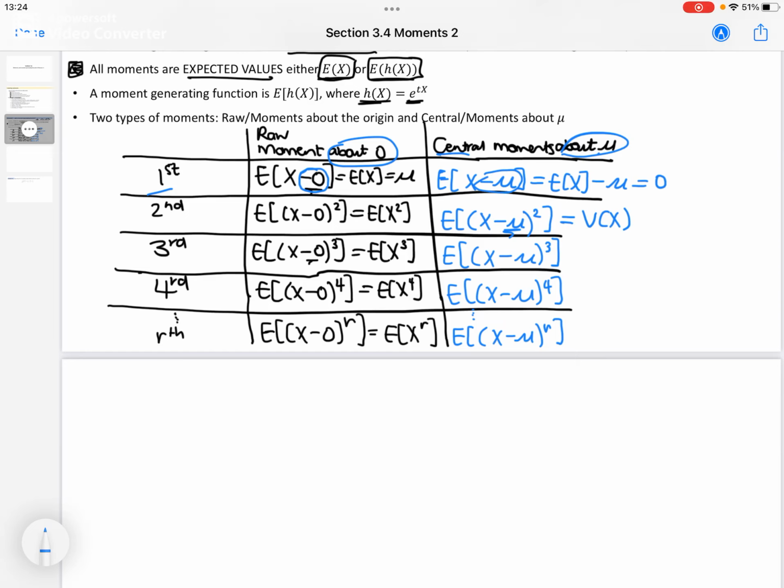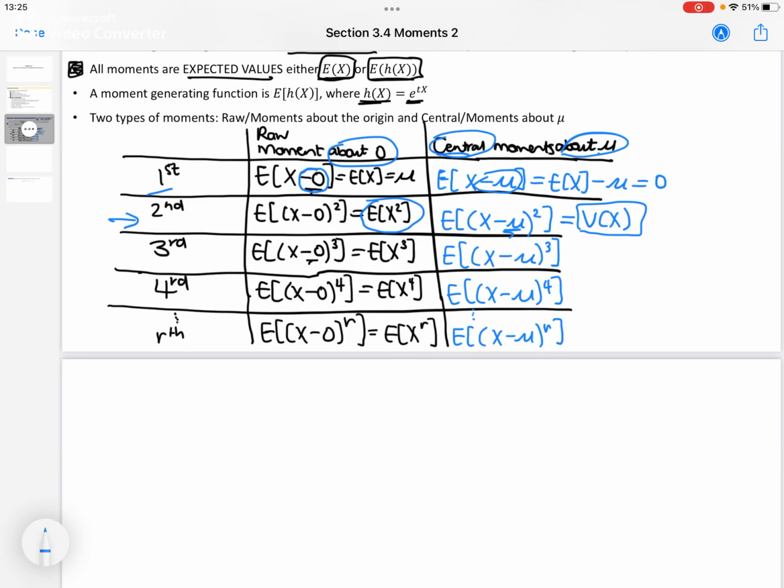So if you say define the second moment about 0, it means that it will be this one here, the expected value of x squared. So the expected value of x squared is the second moment about 0, while the variance, or expected value of x minus mu squared, is the second central moment about mu.